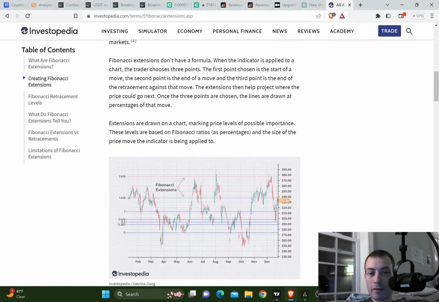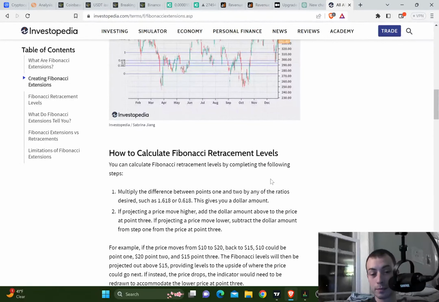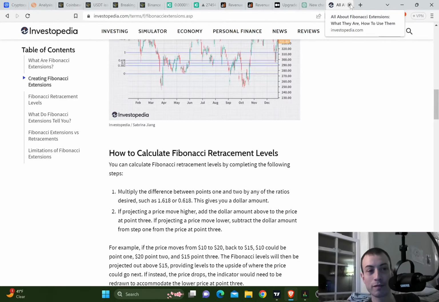Fibonacci extensions don't have a formula. When the indicator is applied to a chart, the trader chooses 3 points. Really you're looking for the high to the low or the low to the high, and that's how you do the retracements. I don't want to go too heavy on it, but you can find a lot about it on Investopedia.